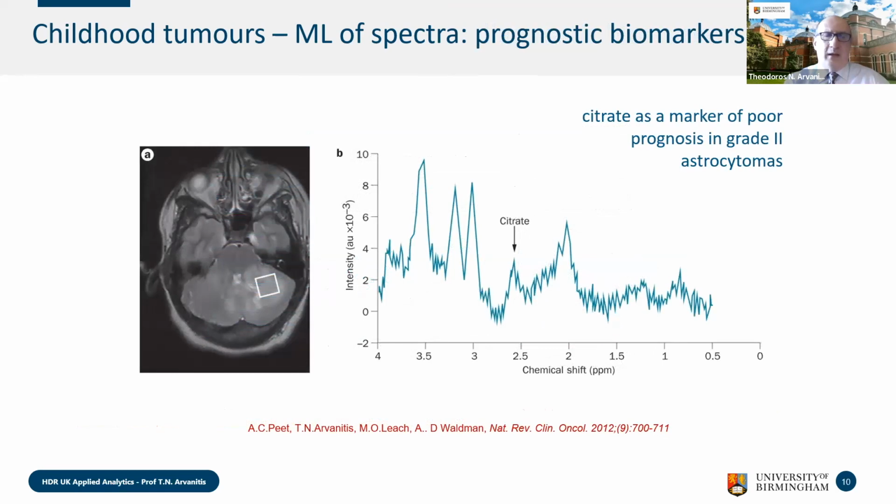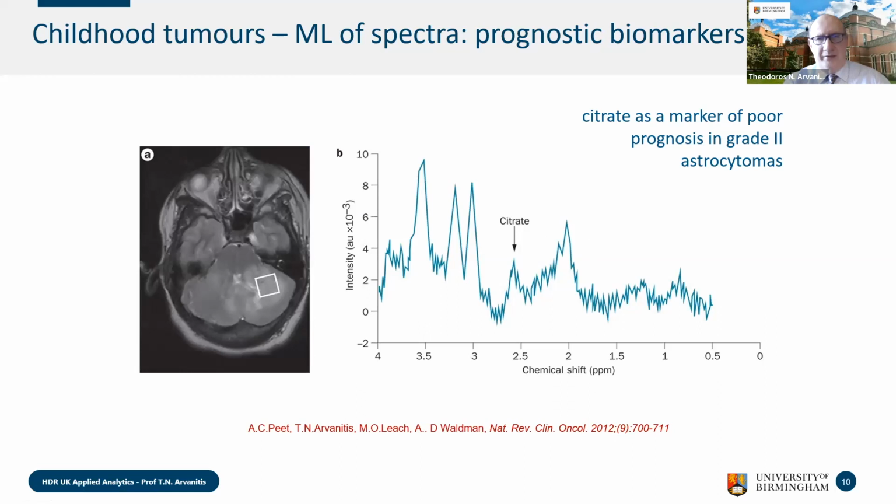But not only for diagnosis, we have started identifying, interestingly, various metabolites. So, for example, in this work that we originally published as part of a review in Nature Reviews Clinical Oncology in 2012, we have been looking at various metabolites that tell us something about the progression of the tumors.